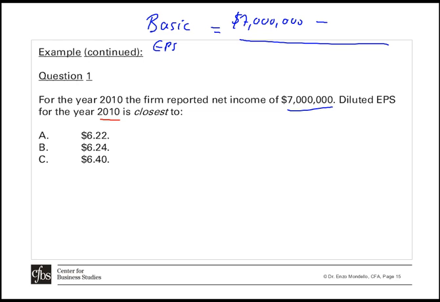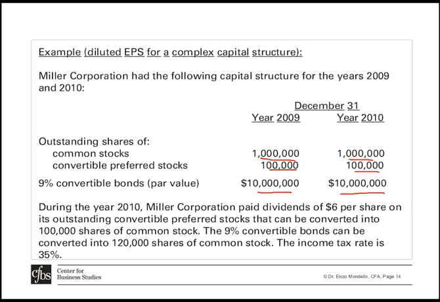Well, let's quickly have a look at the preferred dividend payment. So what do we know? We know that the dividends paid are $6 per share on its outstanding convertible preferred stock. And we know as well that the firm has in the year 2010 100,000 outstanding shares of convertible preferred stock.